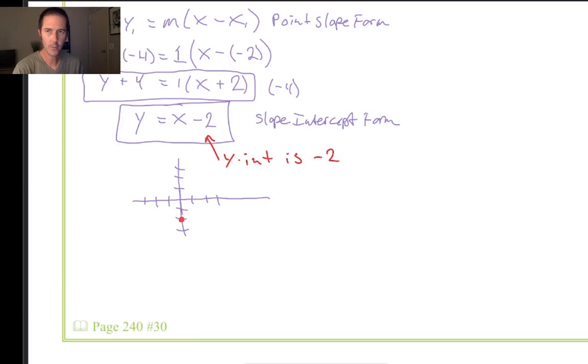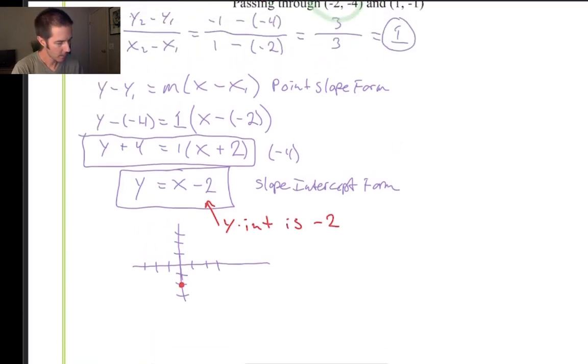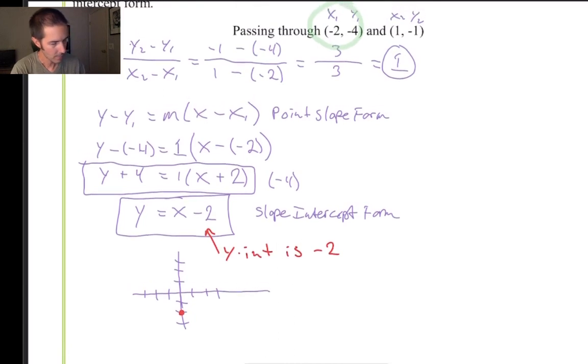And then I'm going to use my slope, which it's kind of nice. Up here we saw that the slope was equal to 3/3, which turned out to be 1. Realize that that's also equal to 1/1, or 2/2, or -3/3.